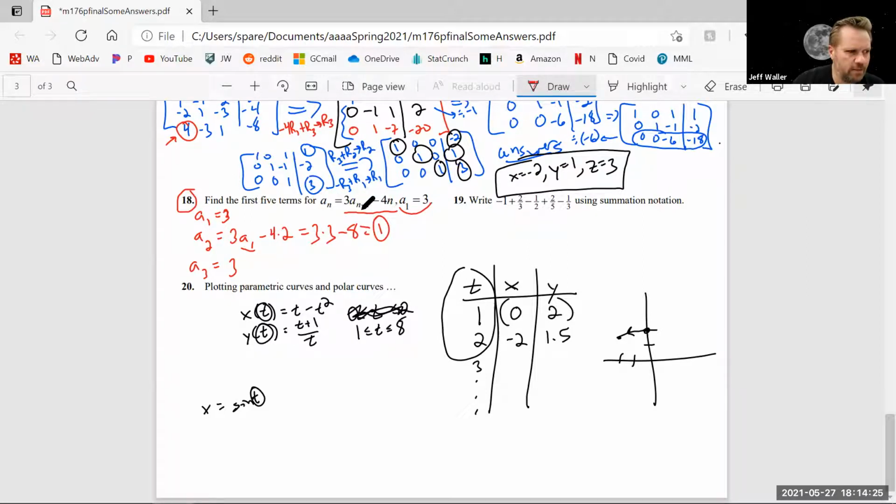The second term is built like this. The third term is built like this. So it's 3 times A sub 2 minus 4 times 3. So what is A2? 1, we just figured it out. So 3 times 1 minus 12. So I get negative 9.